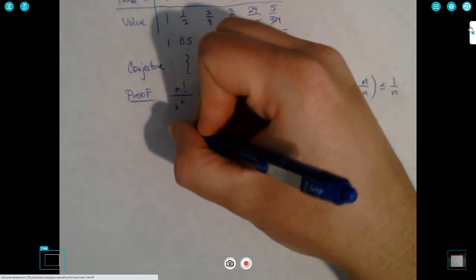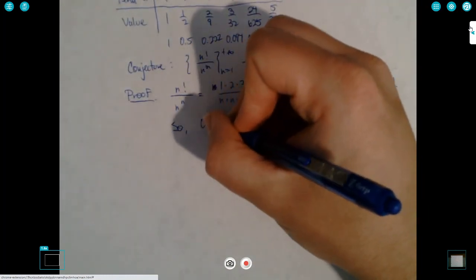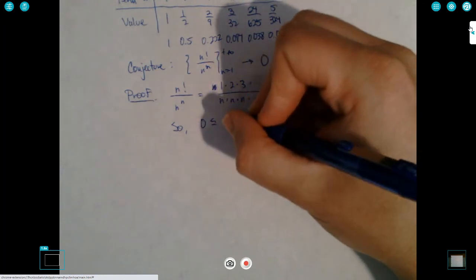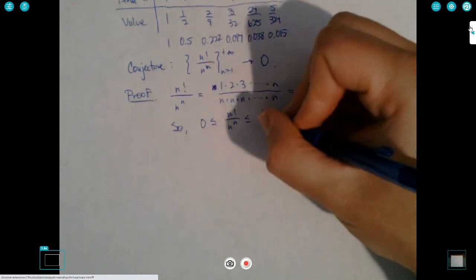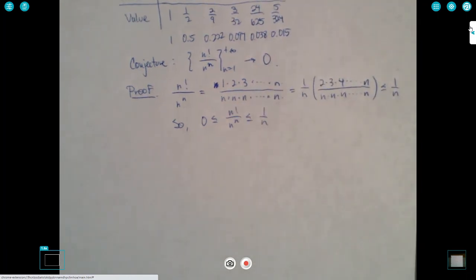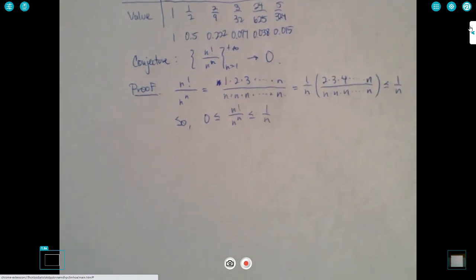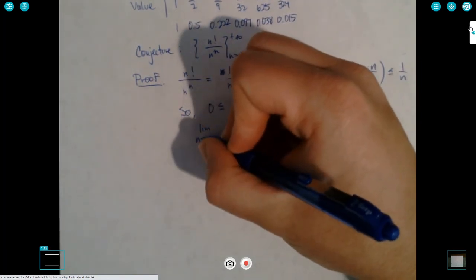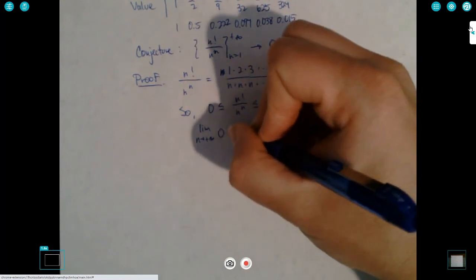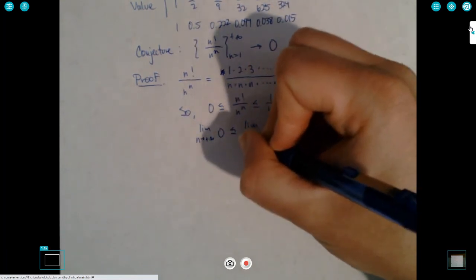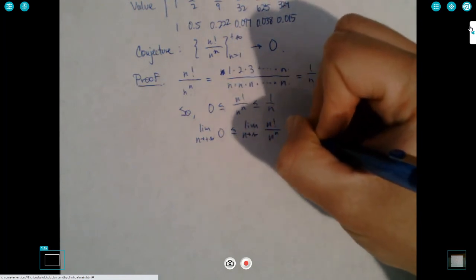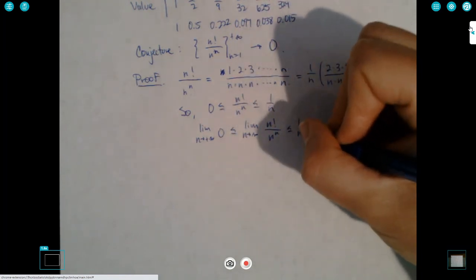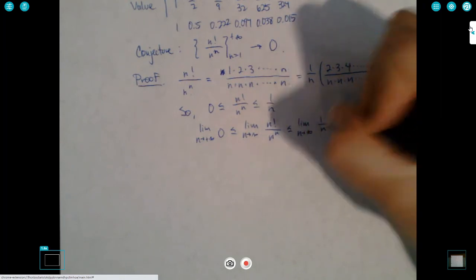So n factorial over n to the n is always going to be between 0 and 1 over n. And so that means the limit as n goes to infinity of 0 is less than or equal to the limit as n goes to infinity of n factorial over n to the n, which is less than or equal to the limit as n goes to infinity of 1 over n.